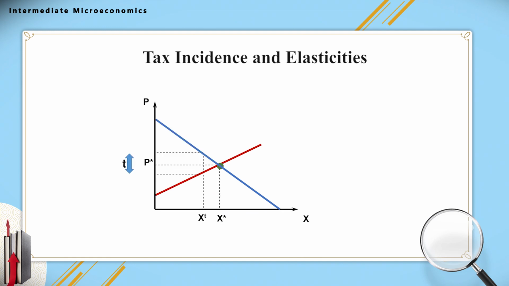After taxation, the price paid by consumers increases to PD. Therefore, the consumer surplus decreases, and the price received by the sellers decreases to PS. So, the producer surplus also decreases.